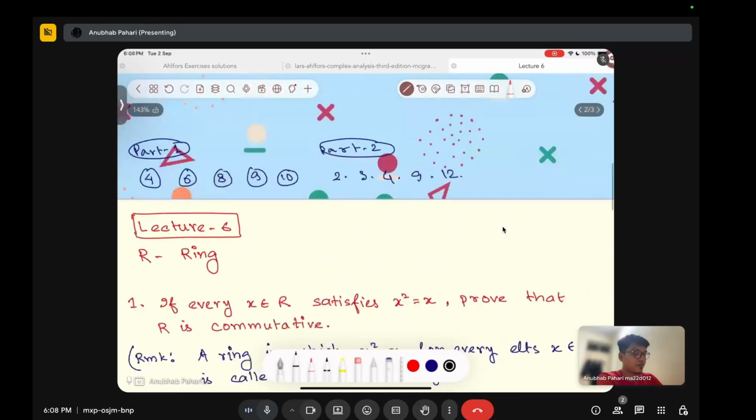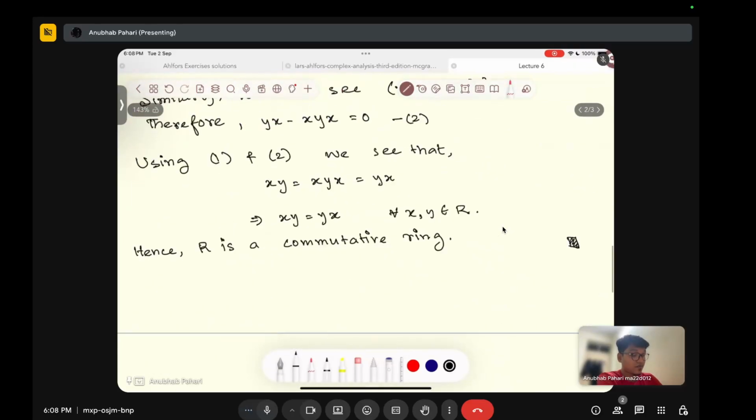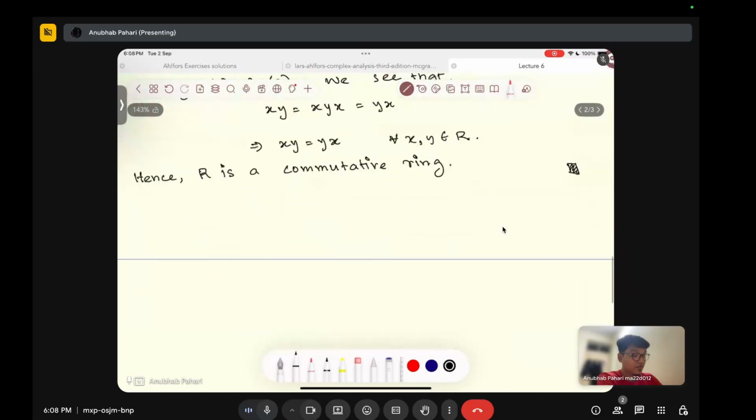So this proves our first exercise. Now we come to our second problem.